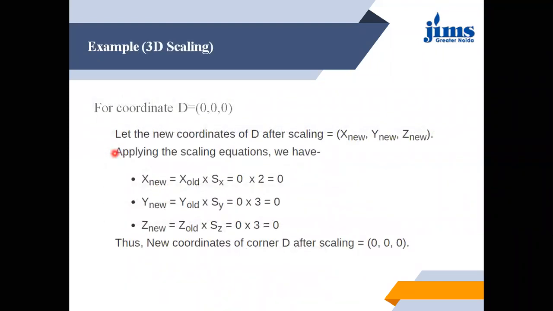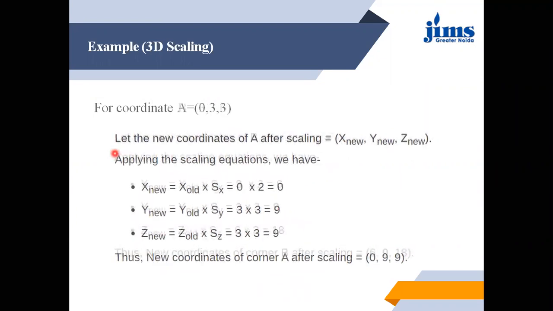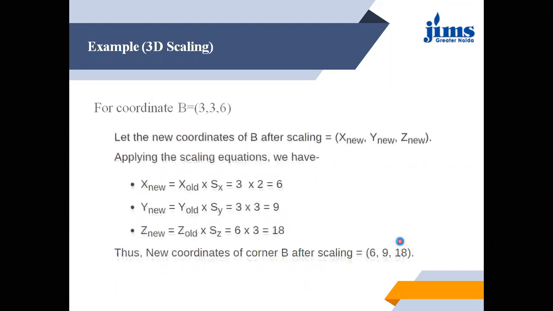If we see this, then the coordinates of point A change from 0, 3, 3 to 0, 9, 9. Point B from 3, 3, 6 to 6, 9, 18.